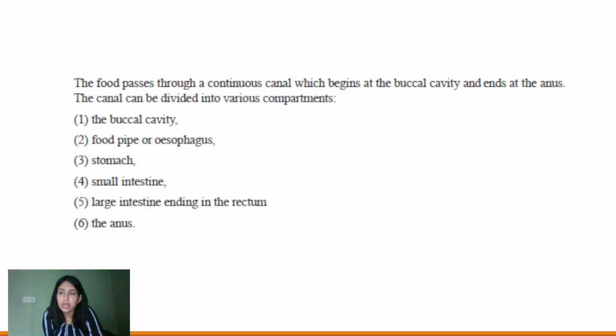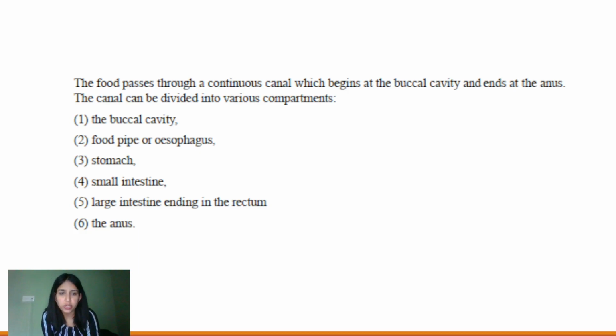Then the food pipe or esophagus, the pipe-like structure connecting the mouth and the stomach. Then there is the stomach, followed by the small intestine. After the small intestine, the food enters the large intestine, which ends towards the rectum. And last is the anus, from where the unwanted material in the food is excreted out.